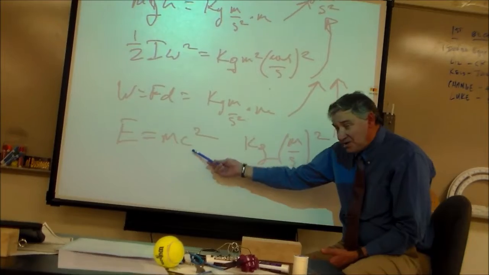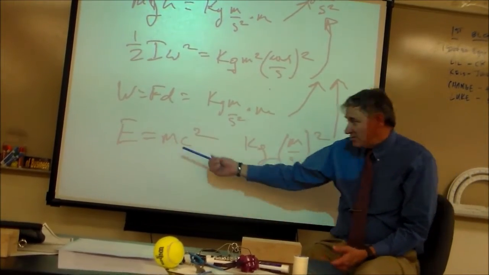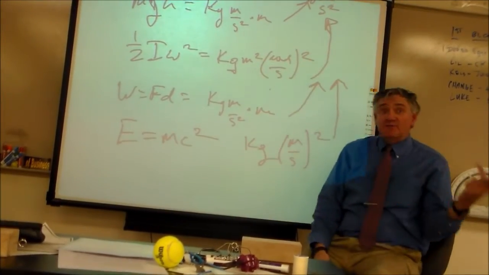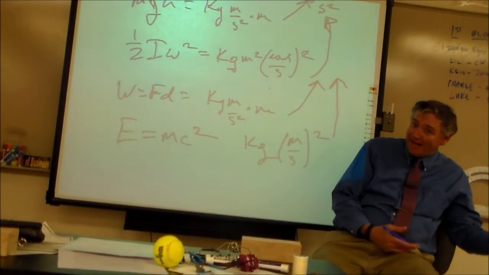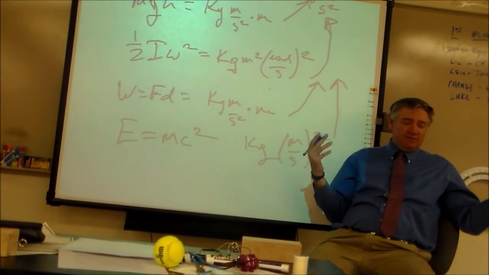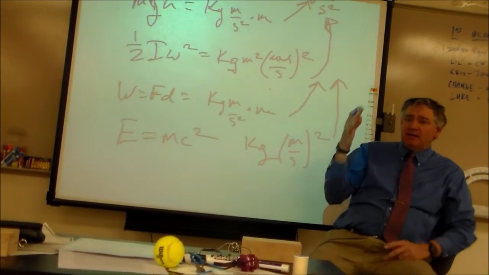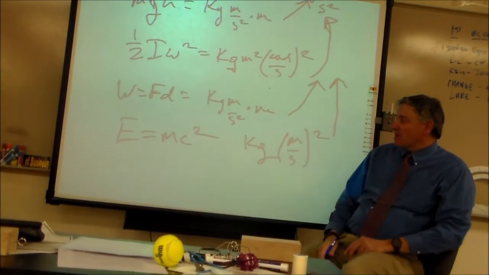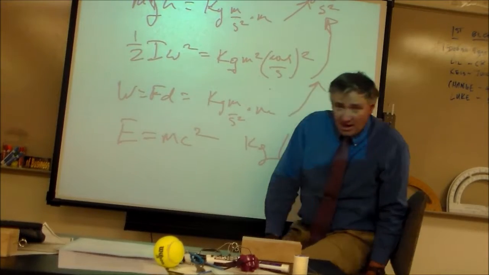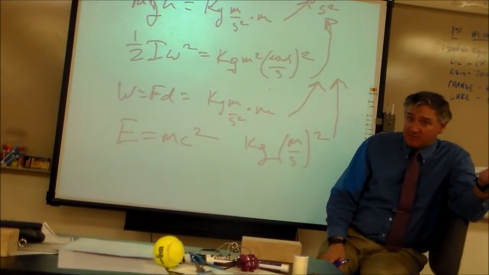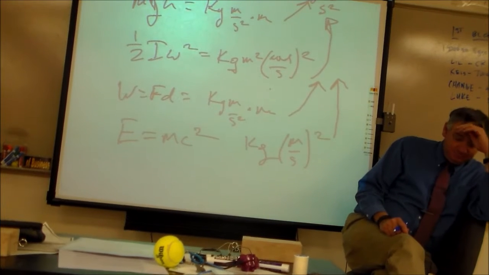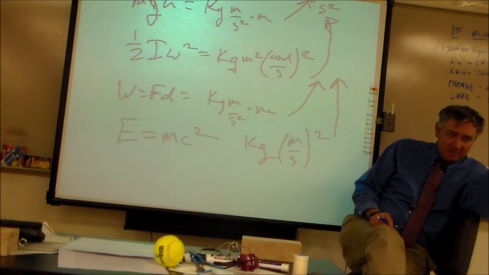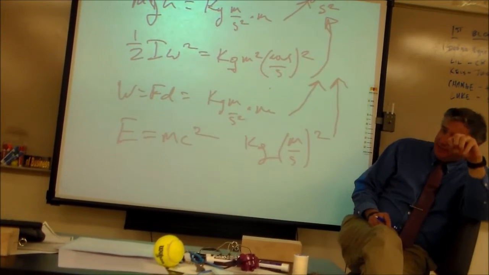Okay? So the beauty of what Einstein did is he was able to realize that there wasn't anything in front of it. There wasn't 1/2, it wasn't a fourth, it wasn't pi, it wasn't the sine of 30 or anything like that. It was just E equals mc squared. But this is the equation that allows us to have energy from the sun. Because what's happening in the sun, billions of times every second, is that 4 hydrogen atoms are combining into a helium atom.